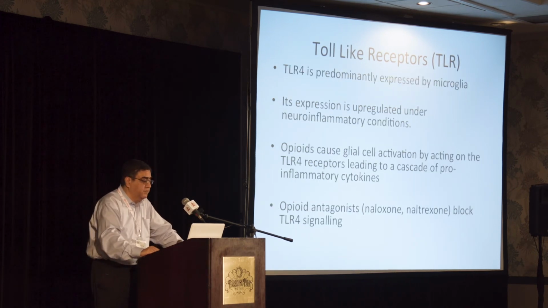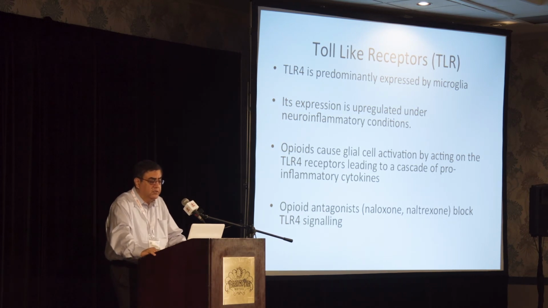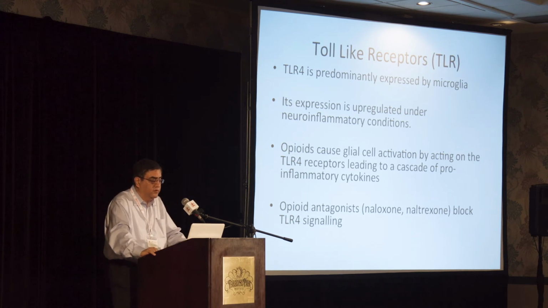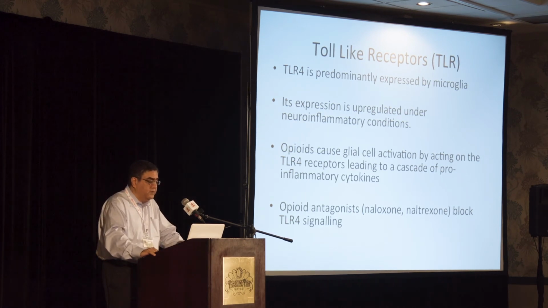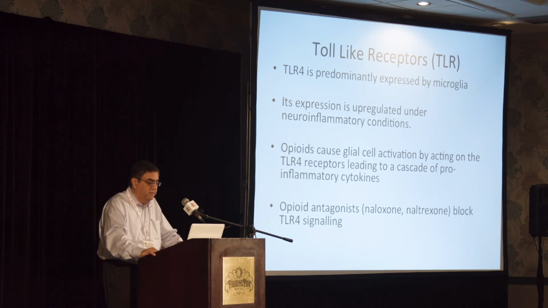Among the toll-like receptors, there is one particular called TLR4, which is produced by the microglial cells, toll-like receptor 4. What happens is, when there's inflammation of the brain and the spinal cord, these toll-like receptors are upregulated. They are more activated.